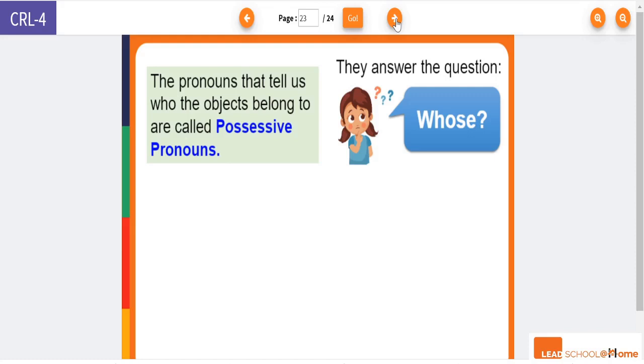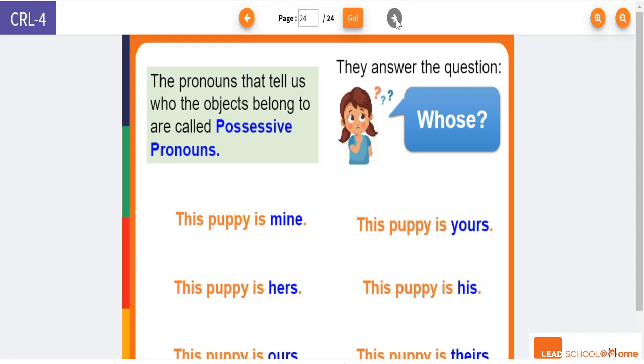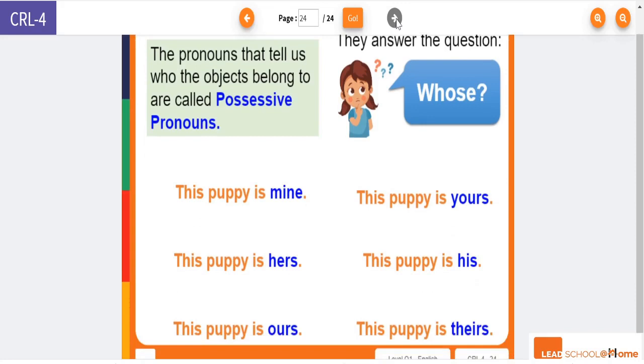So this way, any word that answers the question whose, the pronoun that answers the question whose, is called a possessive pronoun. The pronouns that tell us who the object belongs to. Now look at this. This puppy is mine. It tells that the puppy belongs to me. This puppy is hers. It tells us that the puppy belongs to her. The puppy is ours, which means that the puppy belongs to us. This puppy is yours, meaning the puppy belongs to you.